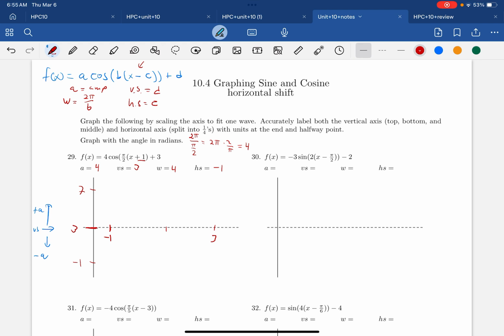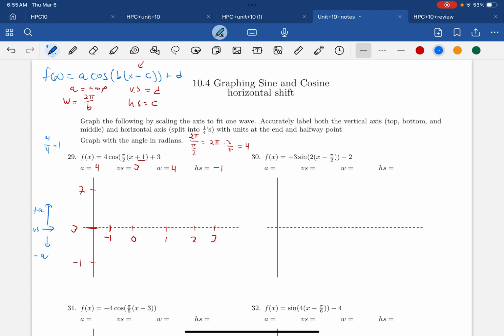Okay. How do we find the middle of -1 and 3? Well, that's actually pretty easy. You can do this 2 different ways. You can take your wavelength and divide it into quarters, which is super easy because in this case, our wavelength divided into quarters is just 1. So every one of them is just adding 1. So it goes -1, 0, 1, 2, 3.